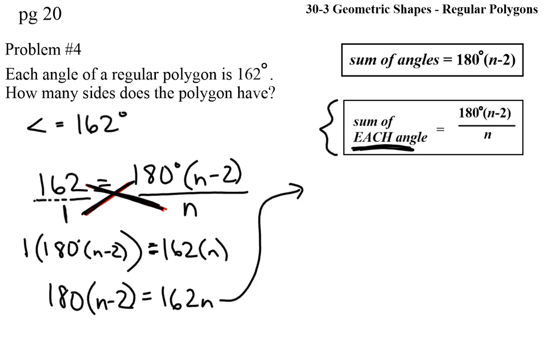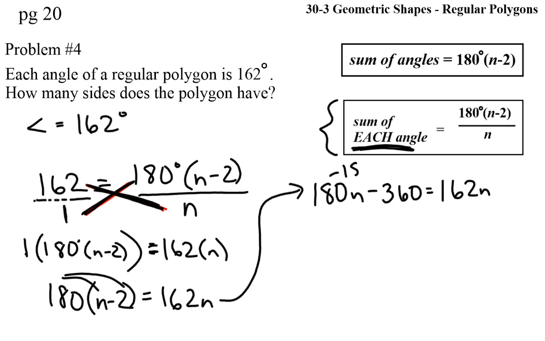From there, a little bit of math. We need to multiply to get rid of the brackets. 180n minus 360 equals 162n. What can we do? Subtract 180n so that it gets paired up with the other 180n on the other side.